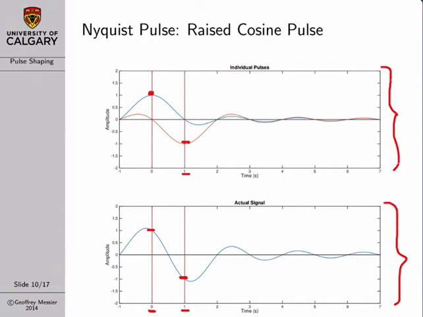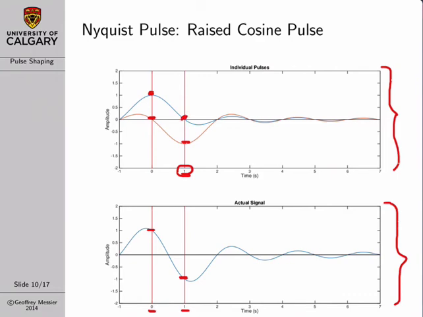So for example, for our +1 pulse, right at 0, the second interfering pulse has a value of 0. And for our -1 pulse, at a time of 1, the first pulse has exactly a value of 0.